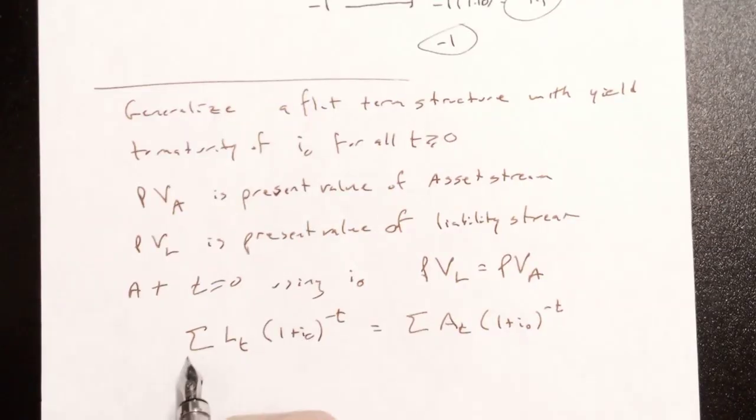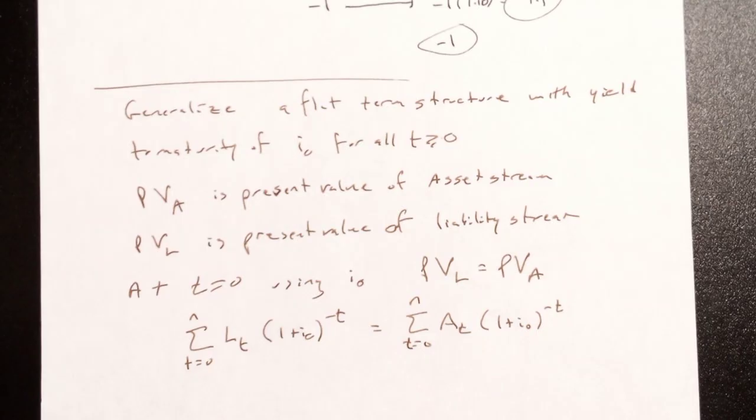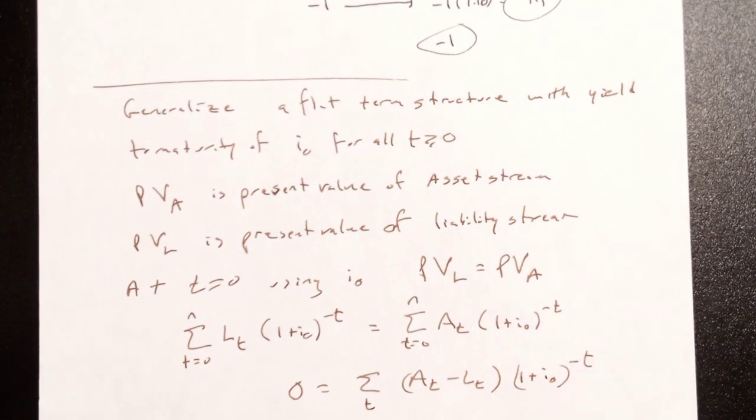Here, t equals 0 to n, t equals 0 to n. I can put that on one side, and I can say that the sum of the difference between asset and liability needs to be 0. That's at time 0.